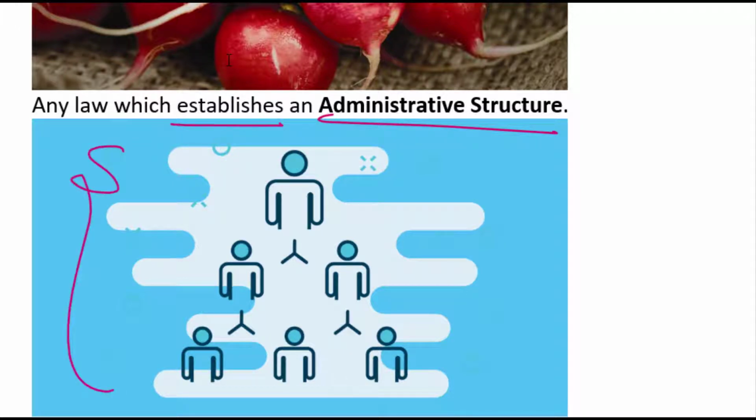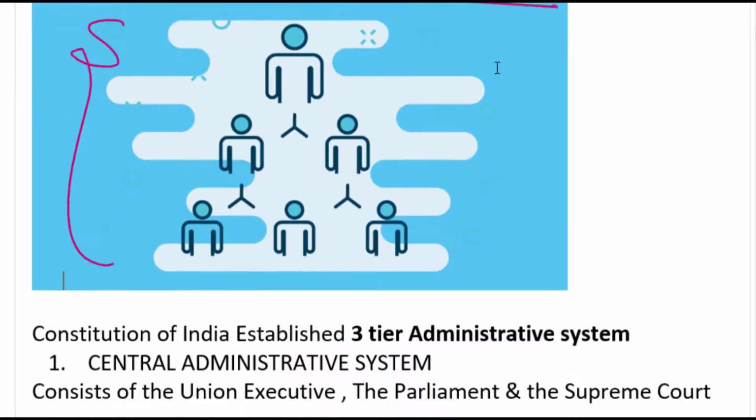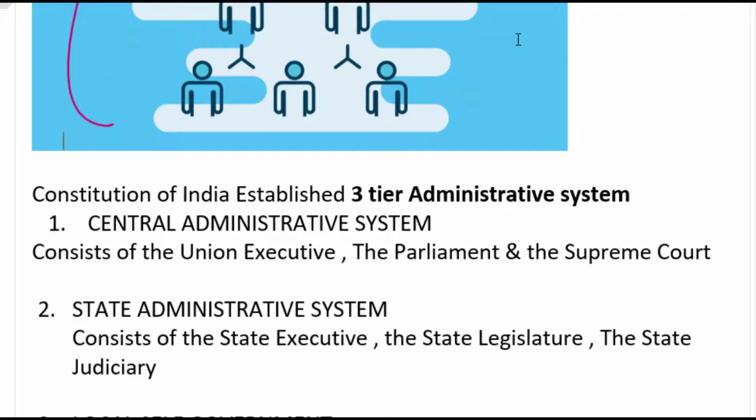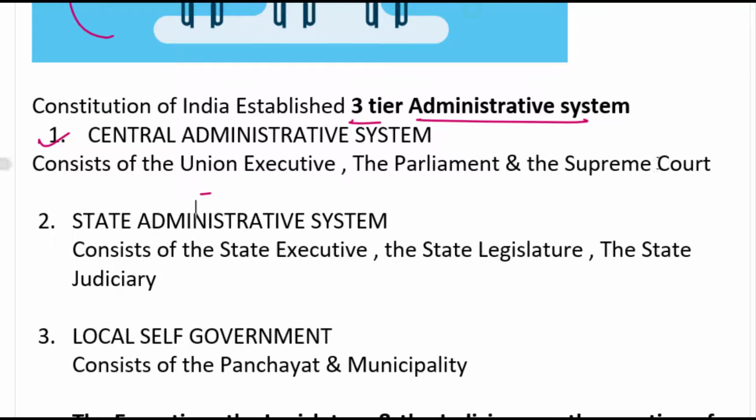Now, is our law an organic law? Yes, it indeed is, because it establishes a three-tier administrative system: a central administrative system which consists of the executive, the judiciary and the legislature; the state administrative system which again consists of the state executive, the state legislature and the state judiciary; and the local self-government at the grassroots level which consists of the panchayat and the municipality.